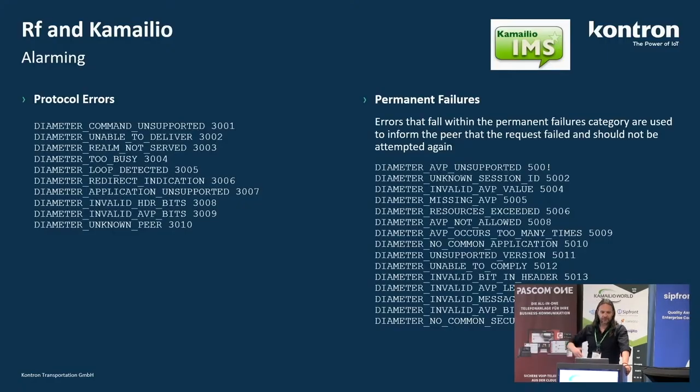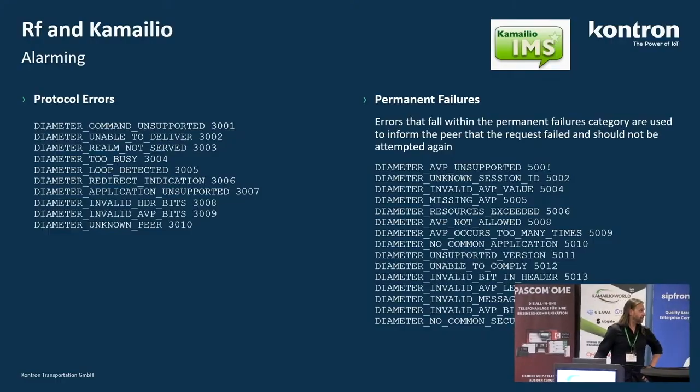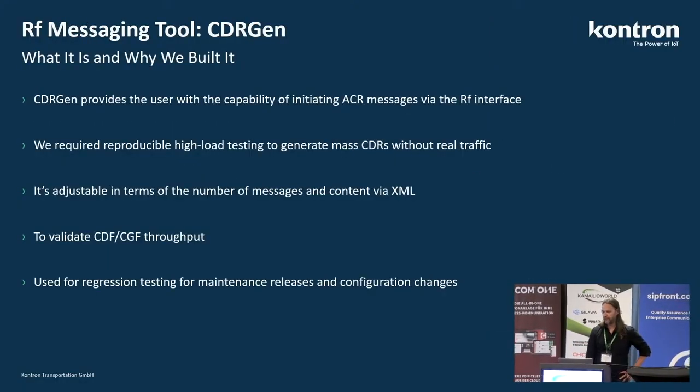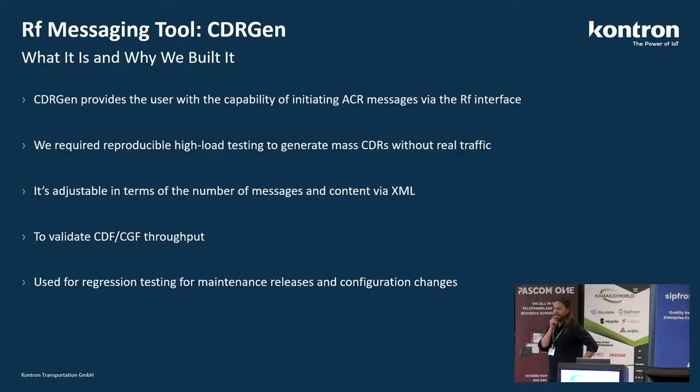Alarming, we have two types. Basically, what we also use on the Cx interface, the interface towards the HSS, specific for permanent failures: Kamailio will not use the adjacent peer for any further upcoming messages. Again, this will also be transferred to our network management via the REST interface. And then we had an interesting thing, the CDRGen tool.